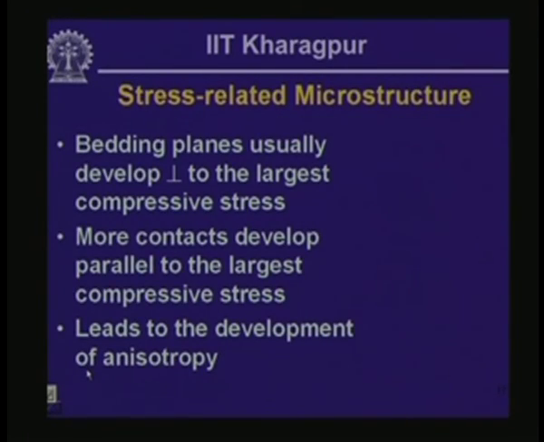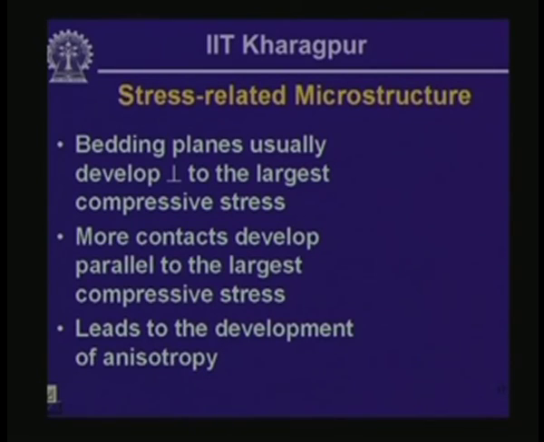Okay, now we look at how stress actually gives rise to the development of microstructure. As we have already seen, contacts develop predominantly in the direction of gravity during a deposition process.